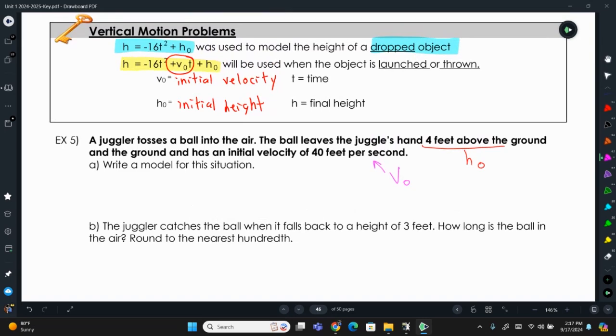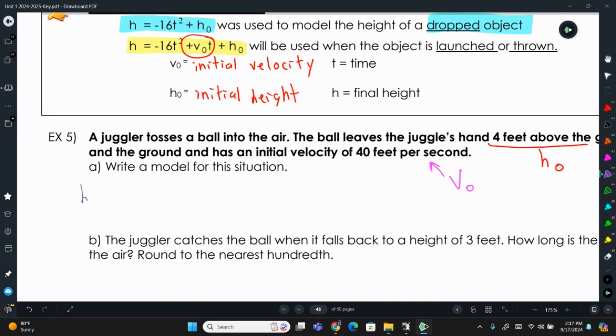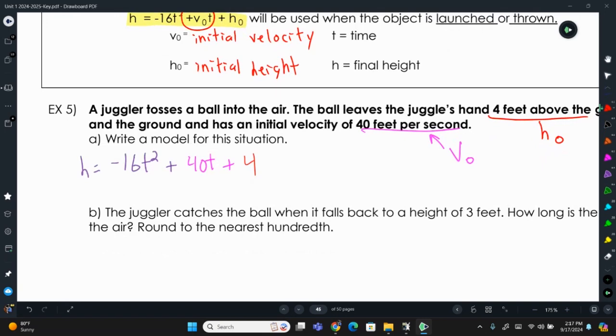All right, so we can look at that second highlighted yellow equation. H is equal to negative 16t squared plus v naught times t, which we now know is 40, so 40 times t, plus h naught that we now know is 4. So that would be our quadratic equation.